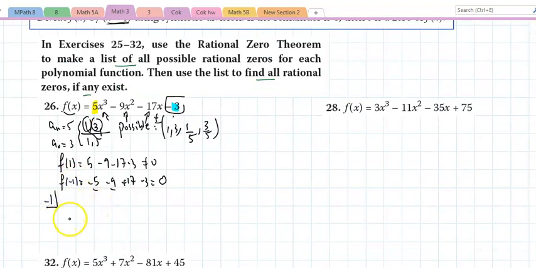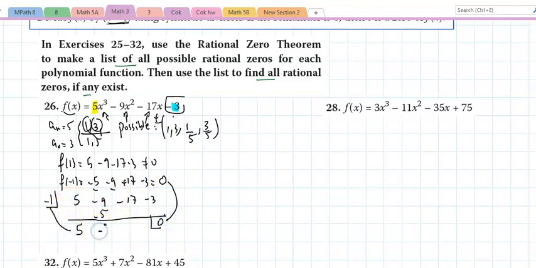So can't I use synthetic division and factor this completely? Can't I say, well, let's go 5 and negative 9, negative 17, and negative 3, and I already know the remainder is 0. Drop the first number, 5, negative 14, negative times negative is a positive 14, that's a negative 3, negative 1 times negative 3 is a 3, and that adds up to 0.